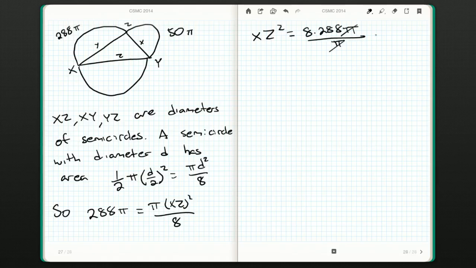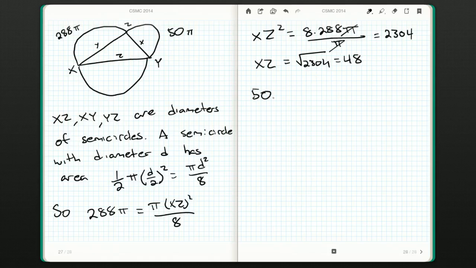So those will cancel out, and we'll be left with 8 times 288, 2304. So 2304, square root of that, I believe it's 48, but let's just double check on our calculator. Fantastic.